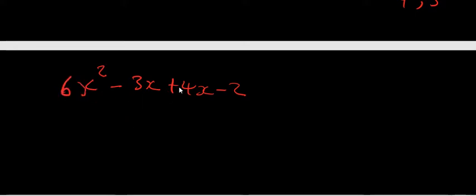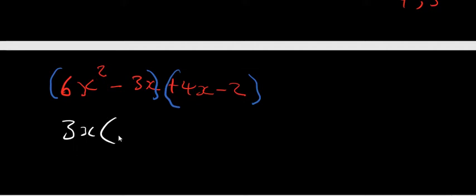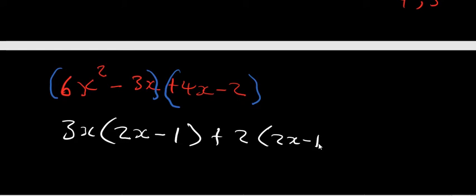So from there you can factorize by grouping, by working out that guy and also working out that guy. What we are simply having here is 3x outside, open bracket, that will be 2x minus 1, and then this guy can also be plus 2, and it's going to be 2x minus 1.